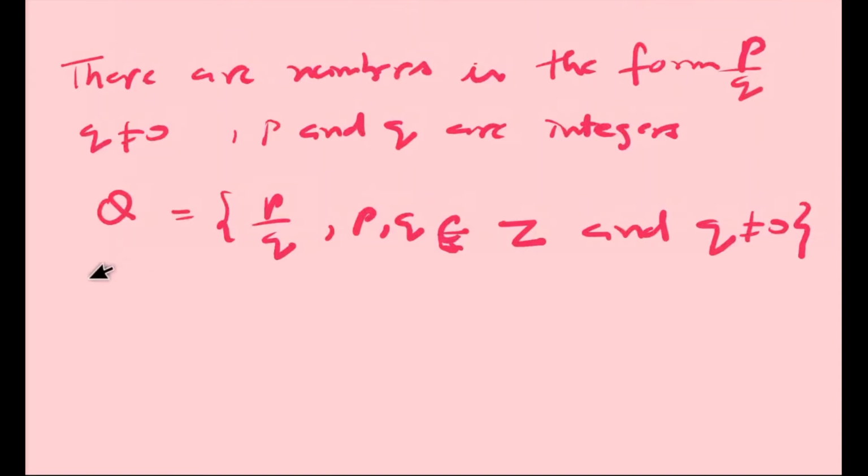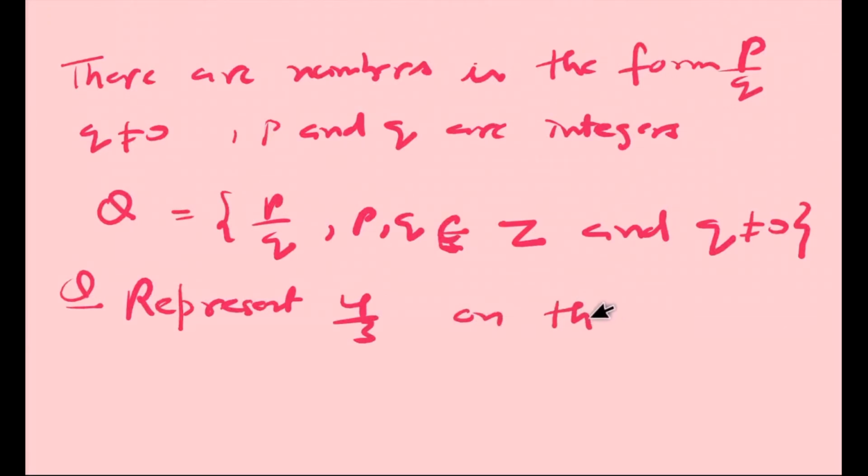Now, expression on the number line. We take a question: represent 4 by 3 on the number line. If you want to learn more detail, go through the previous video on rational numbers. Now 4 by 3, if you want to represent 4 by 3, it means 1 and 1 by 3.